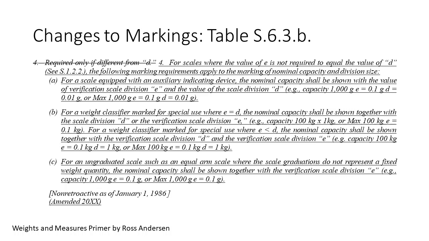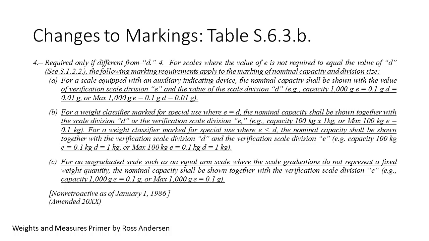Where E equals D, it requires marking of capacity and either E or D, similar to Note 3. Where D is greater than E, it requires marking of capacity and both E and D. In C, ungraduated instruments must have marking of capacity and E. These instruments have no Ds.